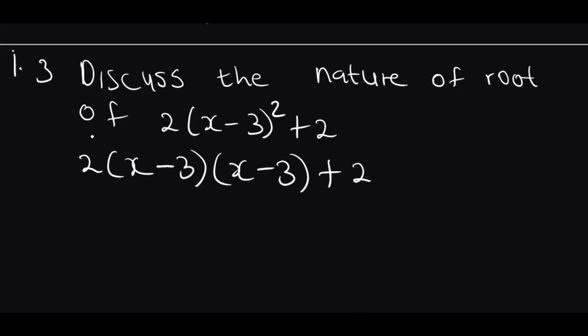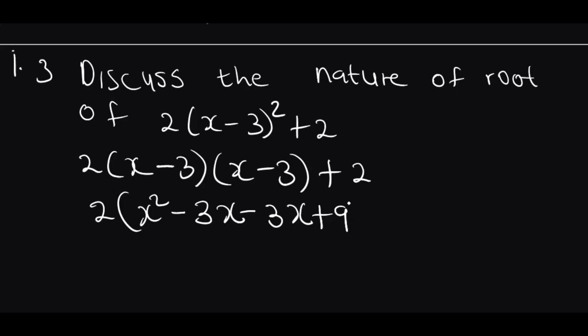Then now we will have x times x, that is x squared, x times negative 3, that is negative 3x, negative 3 times x, that is negative 3x, plus 9, plus 2.